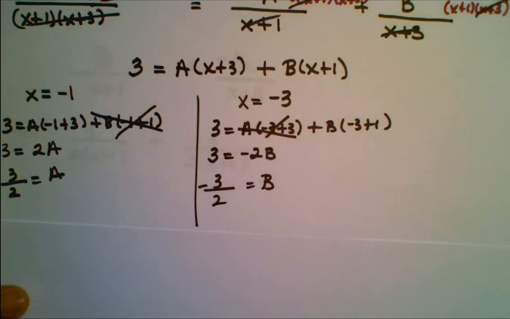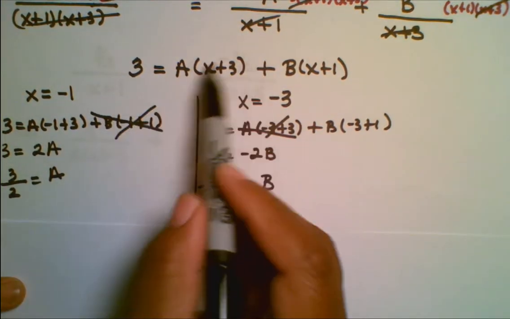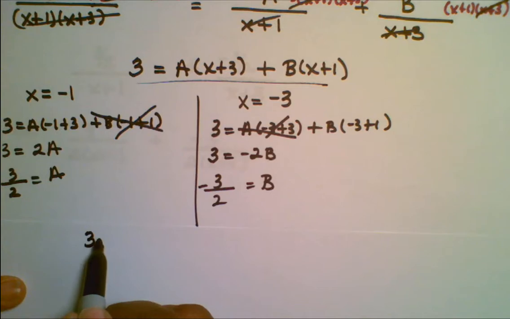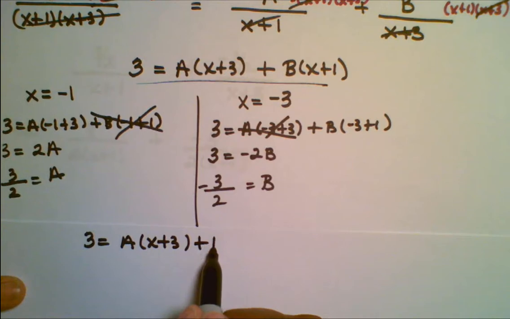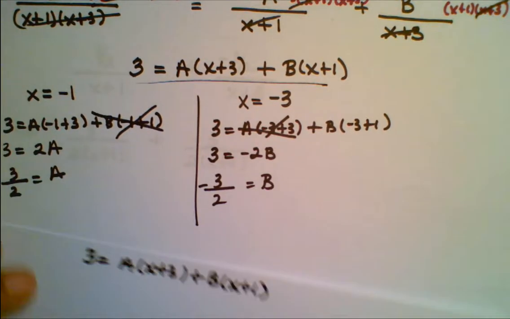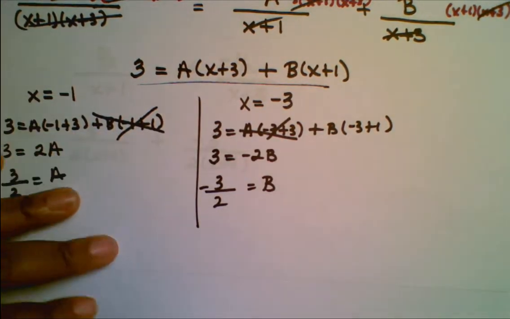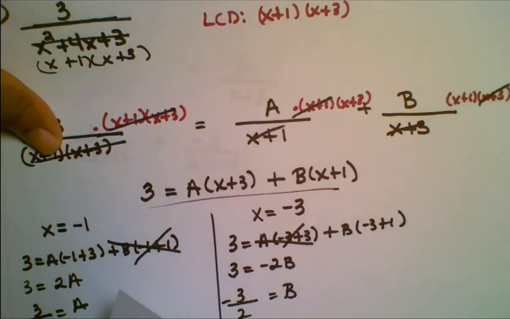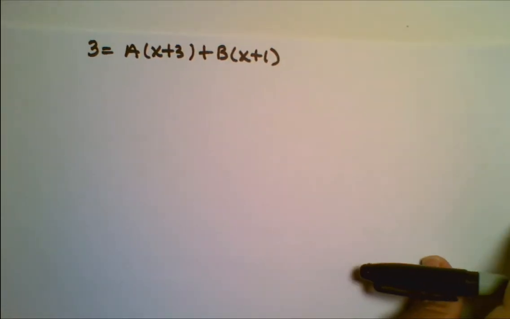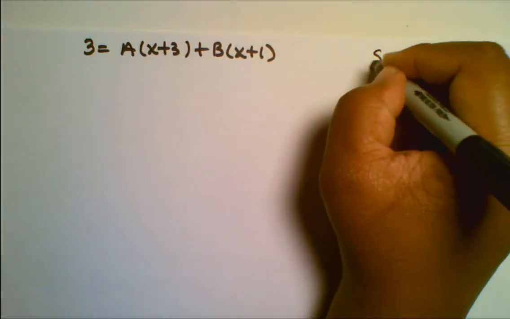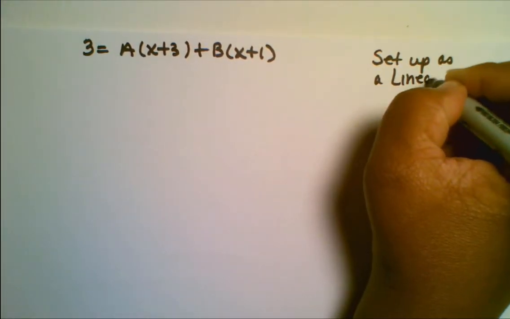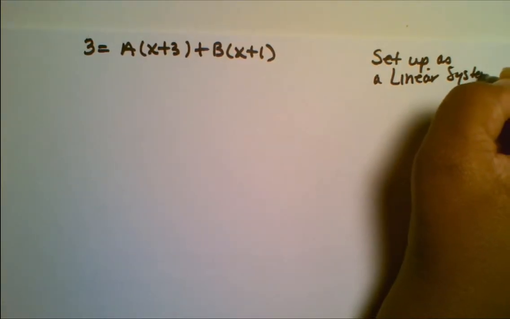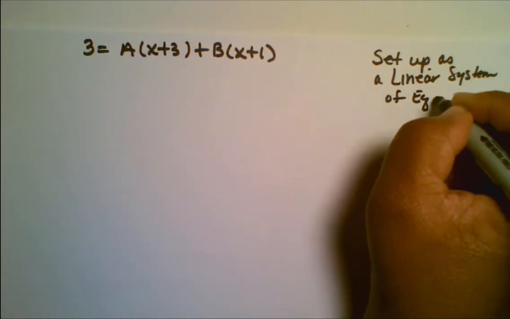we're going to go back and look at this line here: 3 is equal to A times x plus 3 plus B times x plus 1. So let's go ahead and set it up as a linear system of equations.